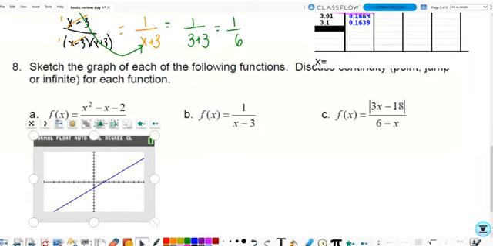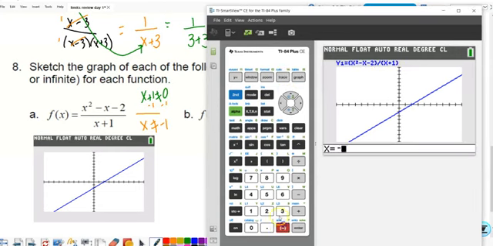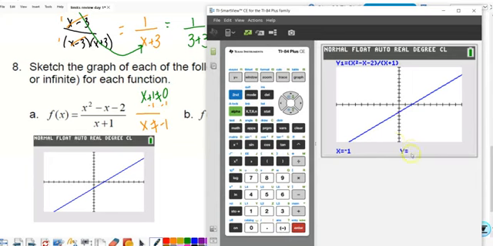When I look at this equation, I can see that there's an undefined value. We can't divide by 0. So x plus 1 can't be 0, which means if I solve this, x cannot be negative 1. So in my calculator, if I hit trace negative 1, look, there's no y value.